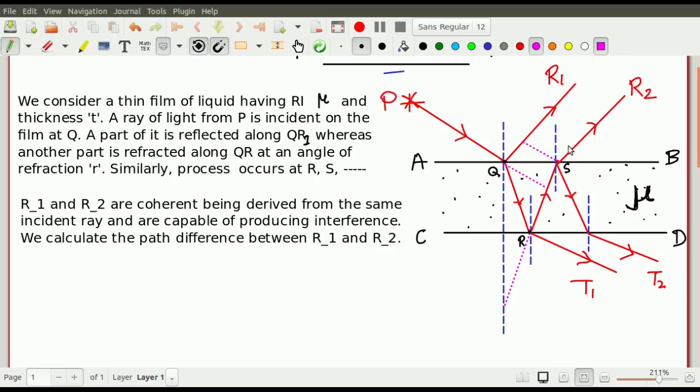So they shouldn't look parallel. This line and this line are not the same line. You just follow your book for the proper diagram. It appears that these lines are parallel, but it is not so. They are arbitrarily drawn, so it looks parallel here, but definitely they are not parallel in nature.